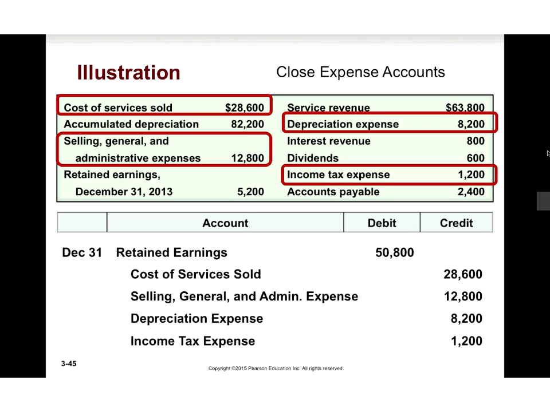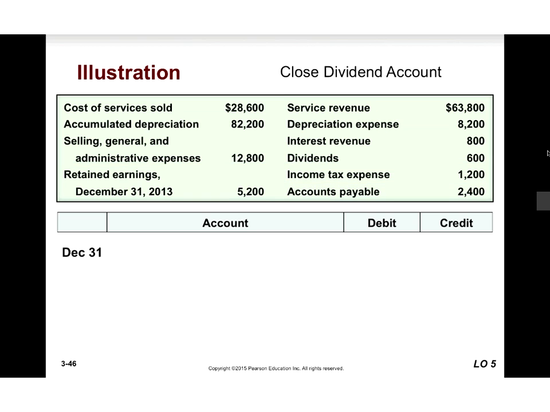So we have 3 closing entries. We close our revenues, we close our expenses, which we just did here, and we have 1 more closing entry. There are 3 types of temporary accounts: revenues, expenses, and dividends. So now we close dividends. When you see the account dividends, that's dividends the corporation has paid.